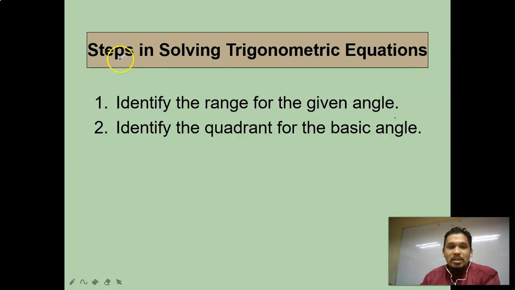So let's take a look at the step given here. First, we are going to identify the range for the given angle, and next is identify the quadrant of the basic angle.